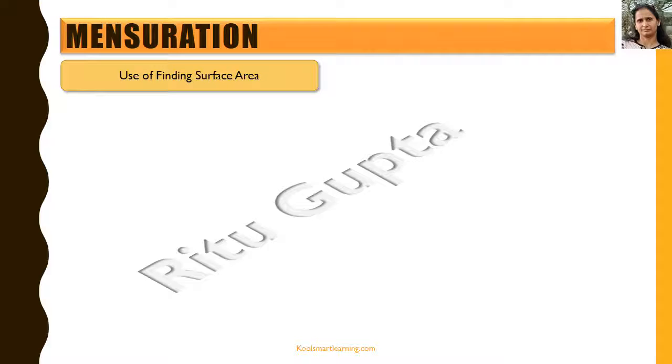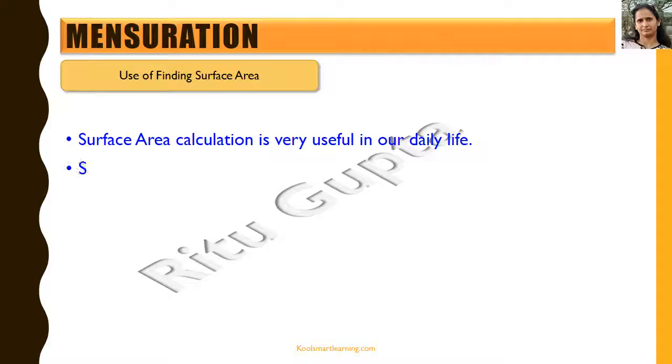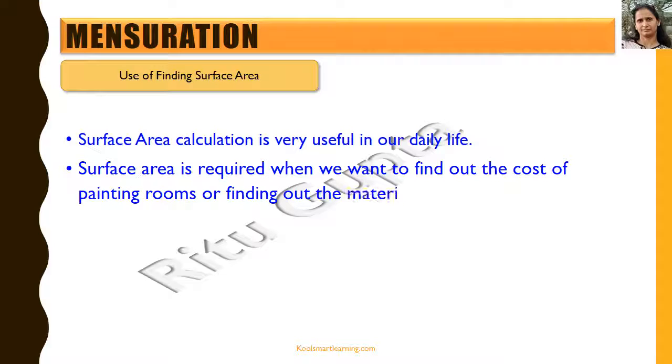Why do we need to find out surface areas? Surface area calculation is very useful in our day-to-day life. Now we'll take some examples from our daily life where we use surface area. Supposing we want to find out the cost of painting a room, or the material required for making a particular object, that is where we'll need the surface area.